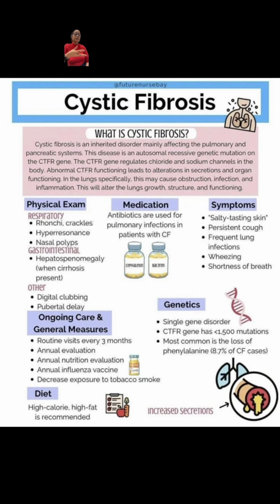So of course persistent cough, frequent lung infections because of that mucus and secretions, and wheezing, rhonchi, crackles, and hyperresonance. These are all adventitious sounds, which are abnormal breath sounds, right? Wheezing is a high-pitched whistling sound. Next we have shortness of breath, of course because of the obstruction.